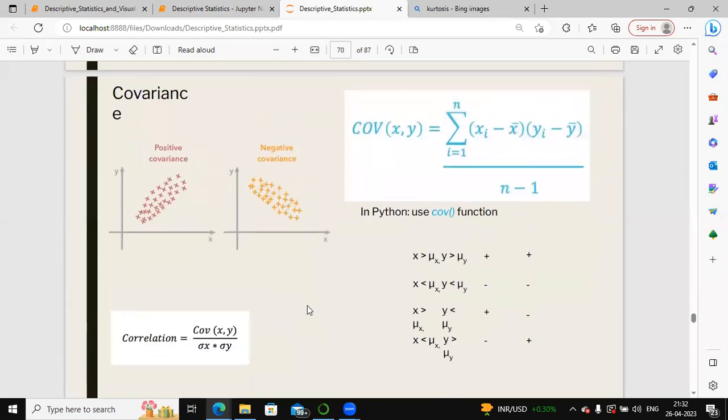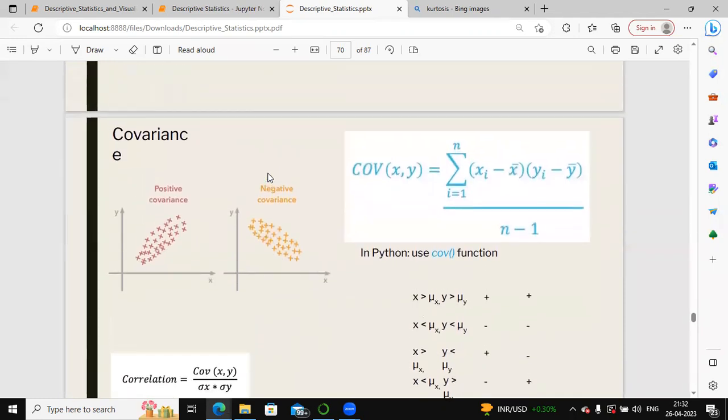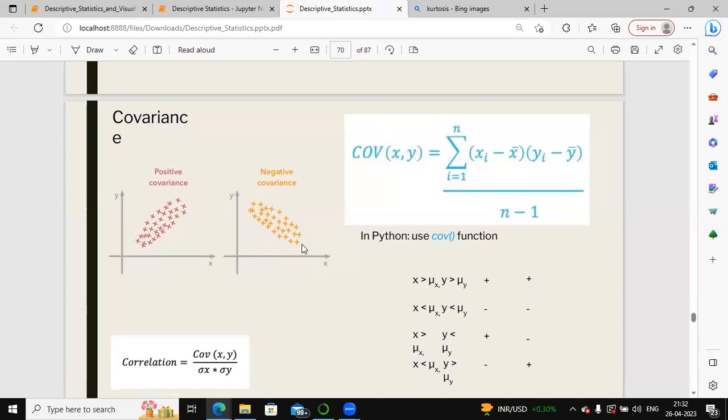You have to understand that covariance gives us direction, the positive or the negative direction. That is known as covariance. So if for an increase in x there is an increase in y, then that is known as positive covariance, and if for an increase in x there is a decrease in y, then that is considered negative covariance.